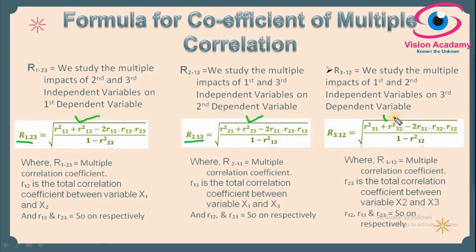But what about R21, R23 and R13, that is R13, R21, R32 or R12 or R13 or R21, like that? To apply this formula we need this information. Those things are total correlations.